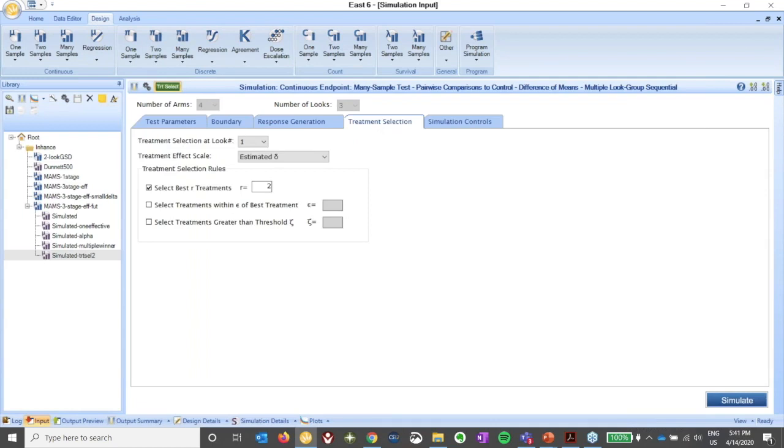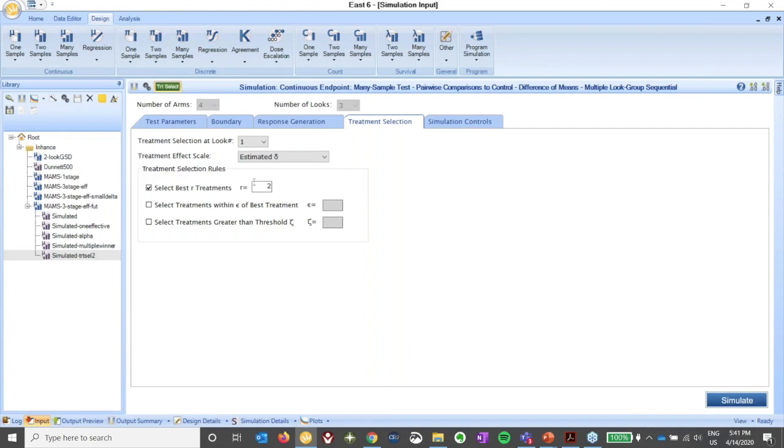So this provides you with 3 different treatment selection rules to select and graduate into the next phase: the best number of treatments, R treatments. Here I'm going to try with R equals 2. Or select treatments within epsilon of the best treatment, or select treatments greater than a threshold Z, where Z, epsilon, and R are acceptable inputs by the user.